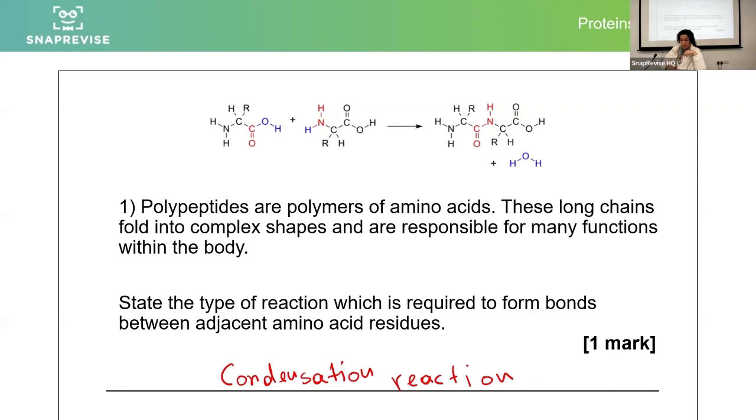If it's a protein, it's going to be a peptide bond. So the name of the resulting bond is specific to the type of molecule that you're looking at, but the name of the reaction is the same, which is a condensation when two monomers join up to form a polymer. So here we can see that the hydroxyl group of the carboxyl group here of this amino acid.